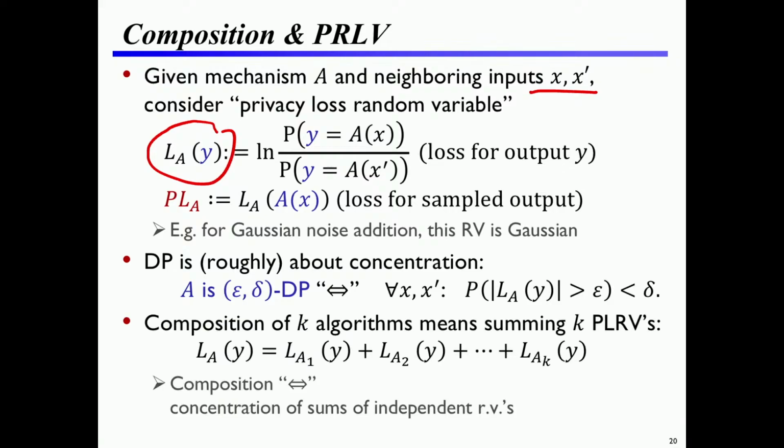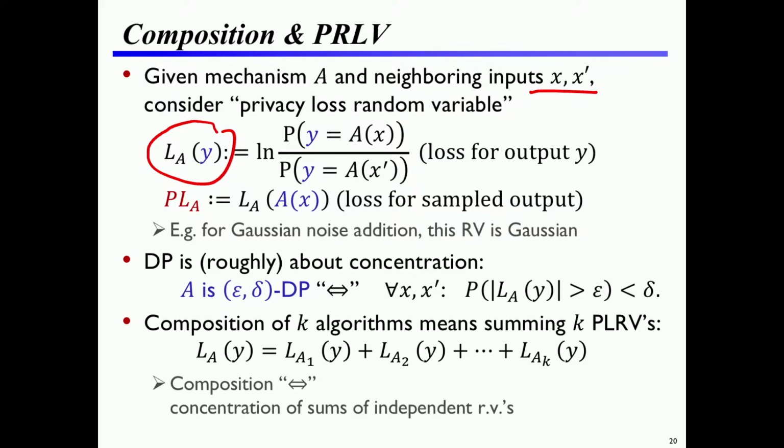When you're composing algorithms, conditioned on x, x prime, and the previous outputs of an algorithm, the new output is distributed as it should be. This privacy loss really adds up.